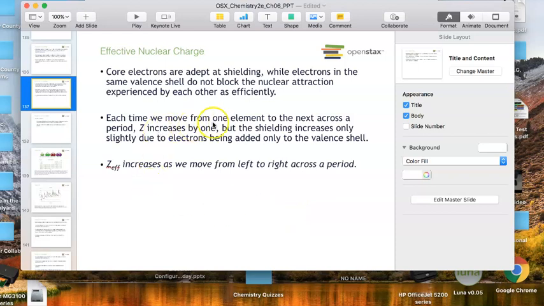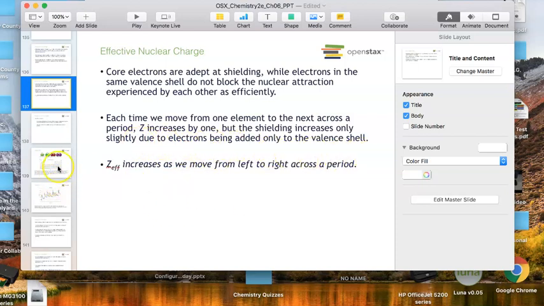So each time we move from one element to the next across a period, the effective nuclear charge is going to increase by 1, but the shielding increases only slightly due to electrons being added to a valence shell.